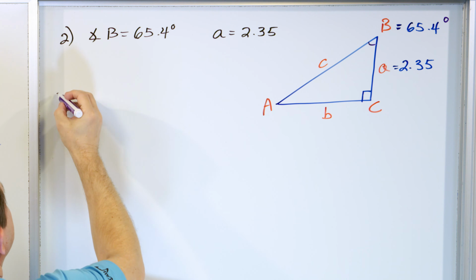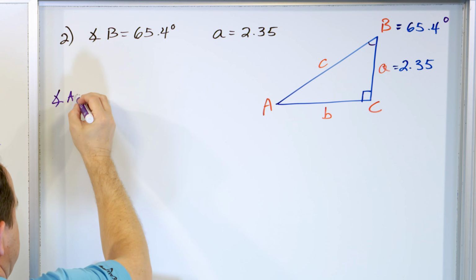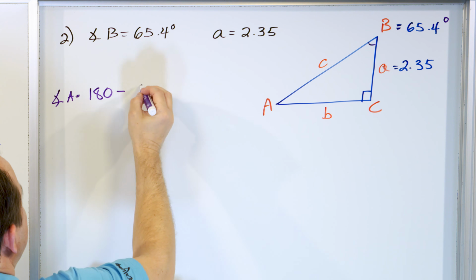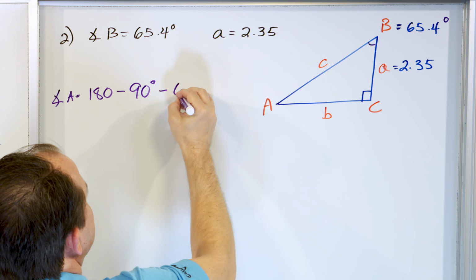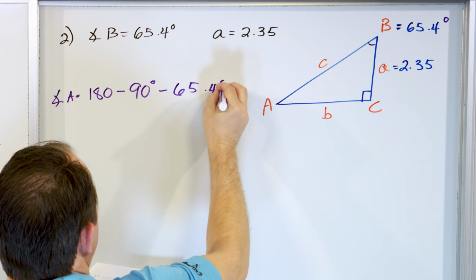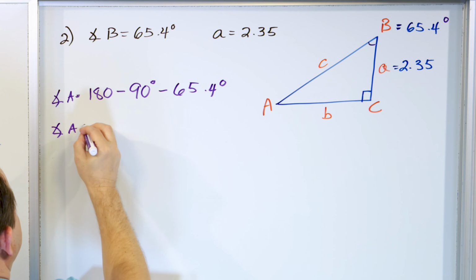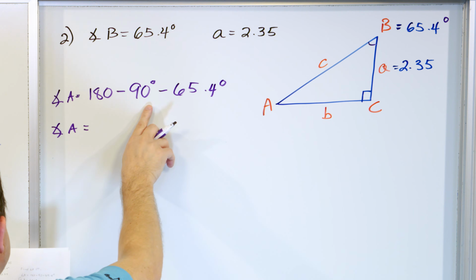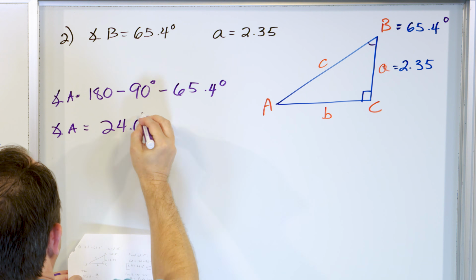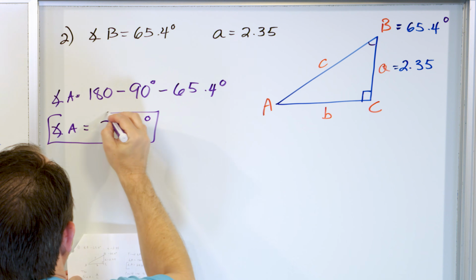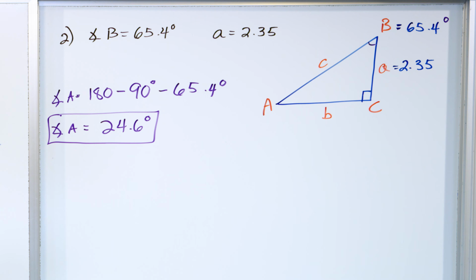So angle A has got to be equal to 180 degrees minus the 90 degrees from here, and then minus 65.4 degrees. So angle A, straight out of the gate, when you take 180 minus 90 minus 65.4, you get 24.6 degrees. And you don't have to do any sines or cosines for that. It's done.